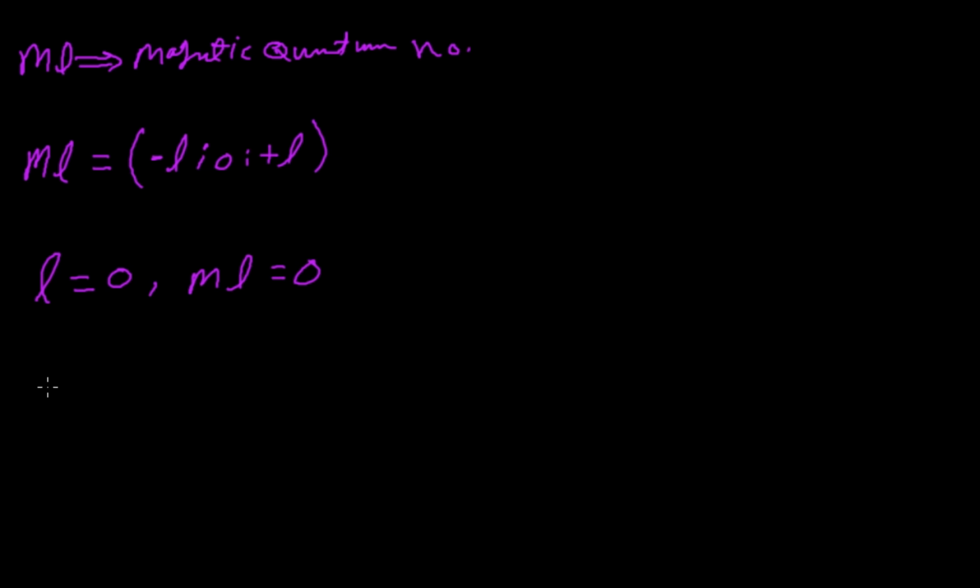So what if you have an L which is equal to 1? ML values should be from negative 1 till positive 1. So ML values should range from negative 1, 0, and positive 1.